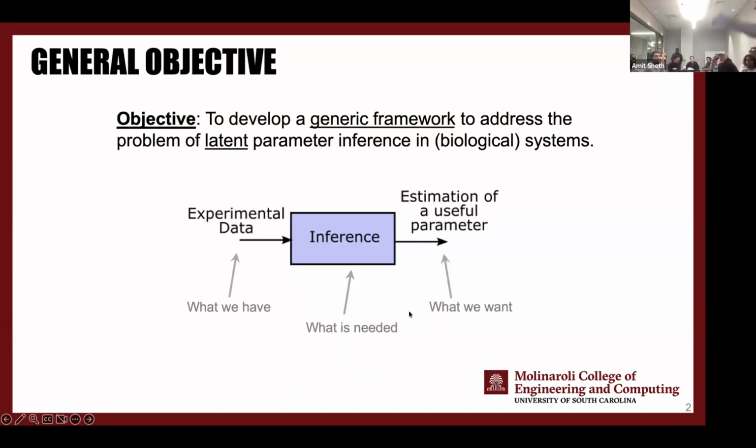Okay, so what's my general objective? To develop a generic framework to address the problem of latent parameter inference in biological systems. As I said, I'm interested in the brain, but you could frame it more generally as a biological system because the approach is more general. I put biological in parentheses because really you can apply it to any system that you can model.